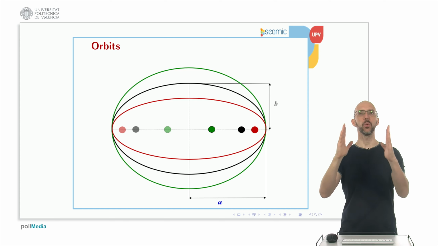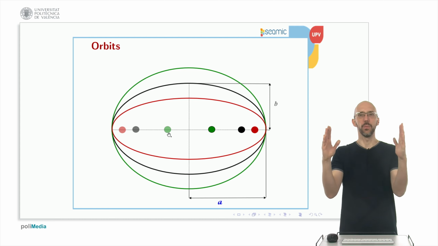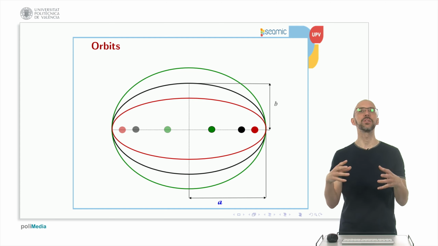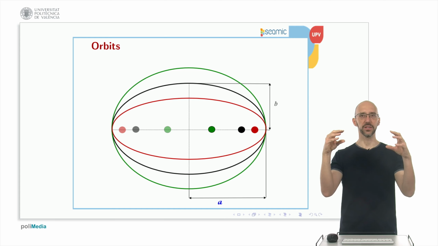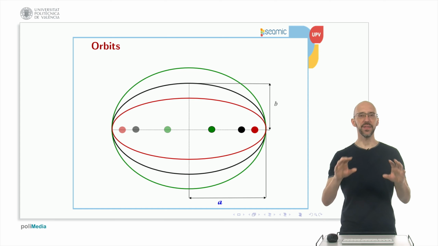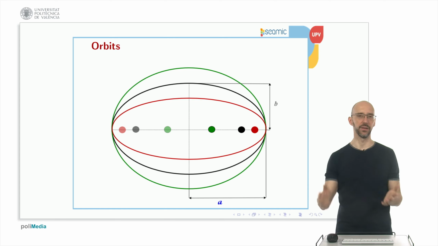The closer we put the primary and the secondary focus, the more the ellipse becomes a circle. If we make the focuses coincide, at the end we will have a circumference. So the idea is the farther apart the focuses of the ellipse are, the flatter it is.